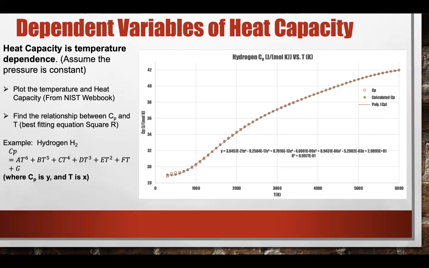From the graph, we can know that the heat capacity increases with increased temperature. And we got a polynomial equation where y represents heat capacity and x represents temperature. From the equation, we can calculate heat capacity or temperature by knowing one of the factors.